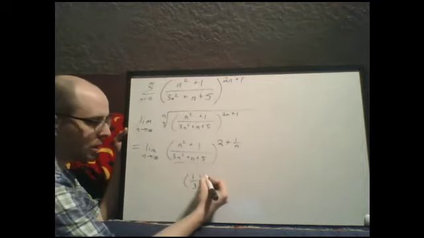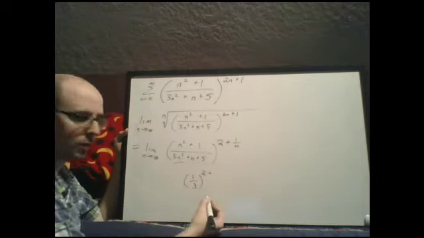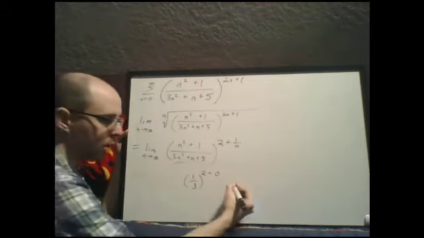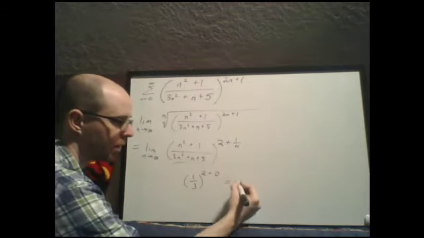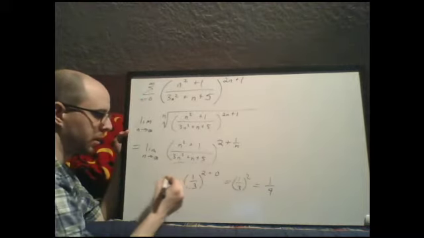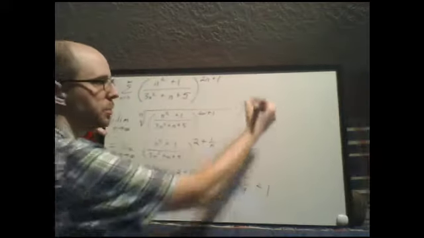The exponent, well, 2 is going to be 2. 1 over n, as n approaches infinity, that's 0. So I get 1/3 squared, which is 1/9. 1/9 is less than 1, so we have absolute convergence.